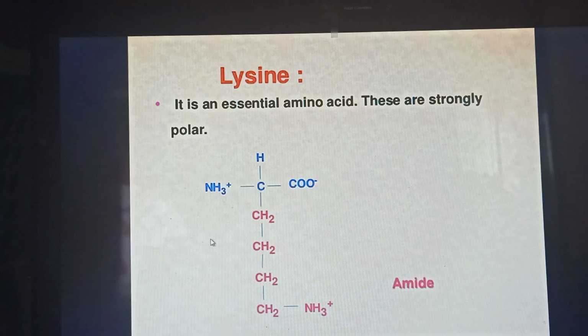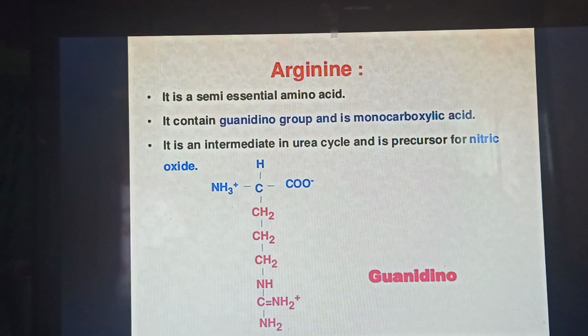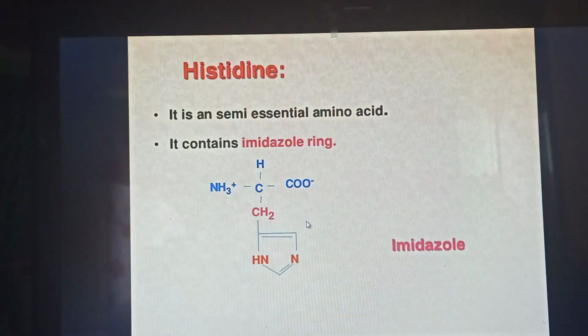Arginine is again a dibasic amino acid, with amino groups and one acid group, so a monocarboxylic acid.